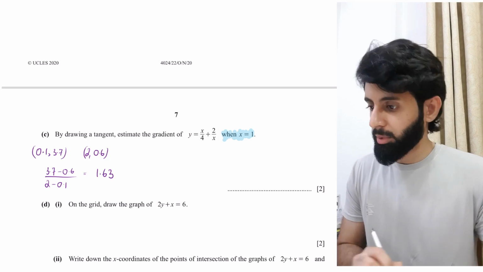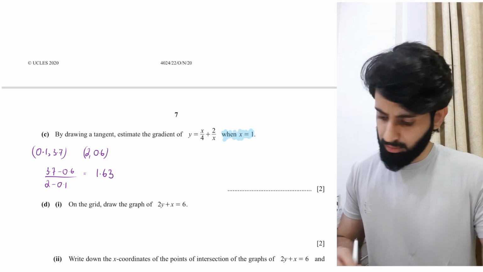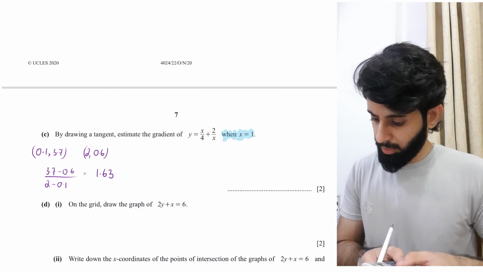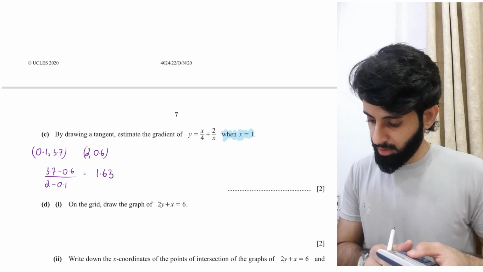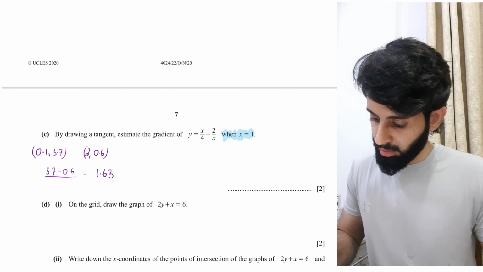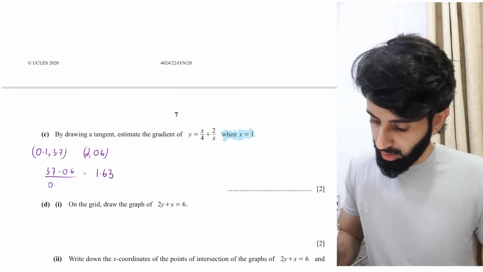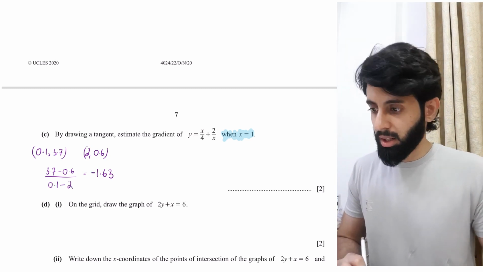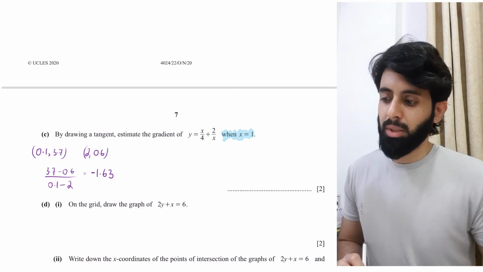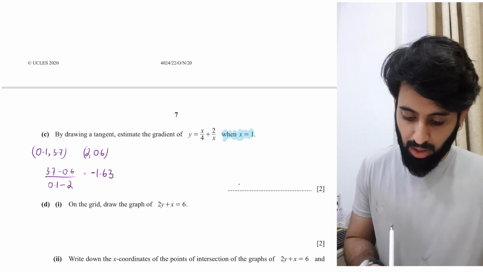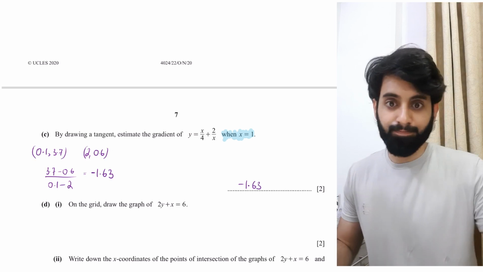So I'm going to lock it at 1.63. And so, wait a minute. 3.7 minus 0.6 over, it should have been 0.1 minus 2. See? So what I said came in handy, that our answer is supposed to be negative. And the acceptable range is from -2 to -1.1. So our answer is well inside the acceptable range. So that means we're good.